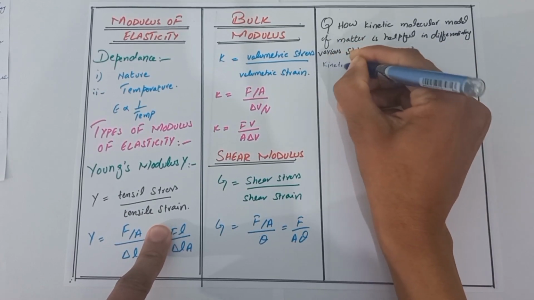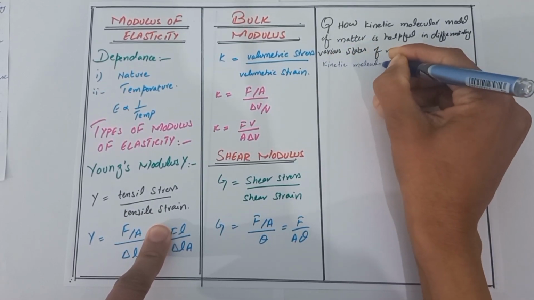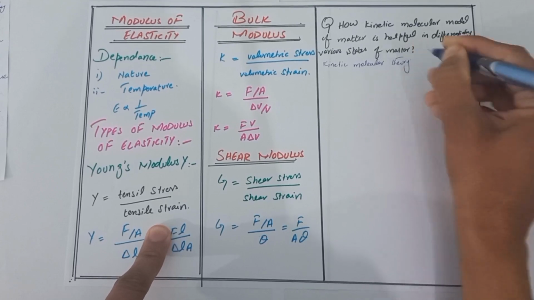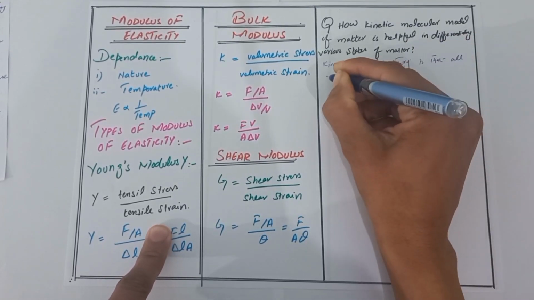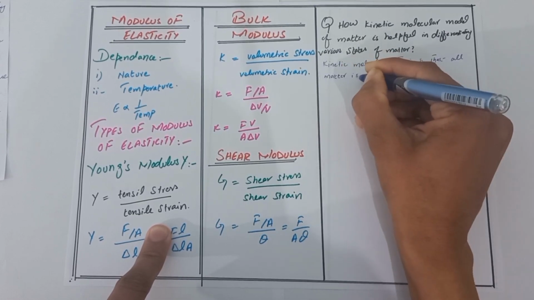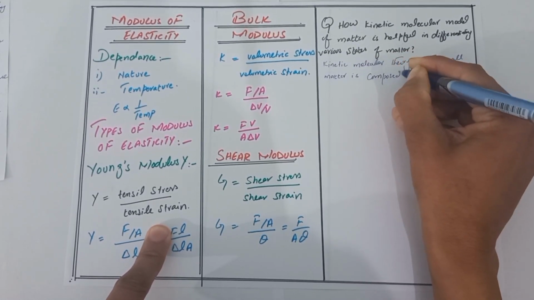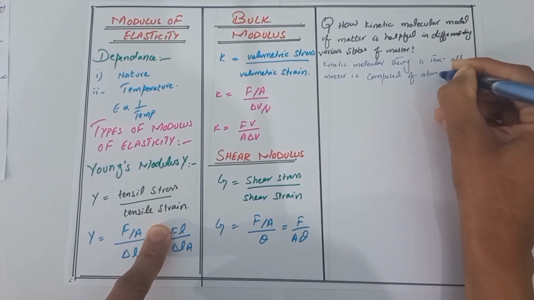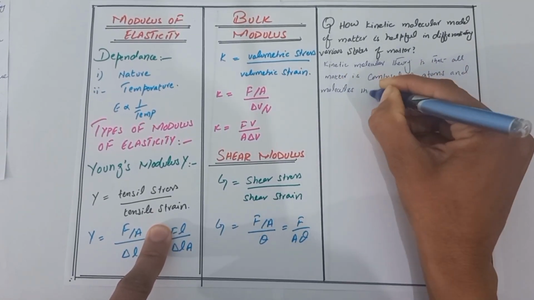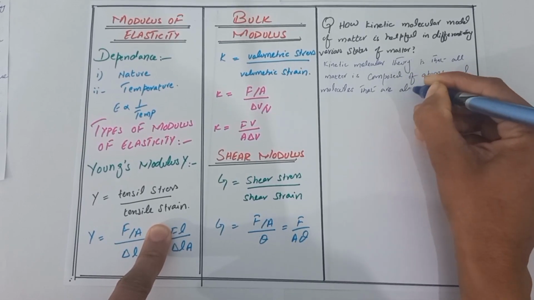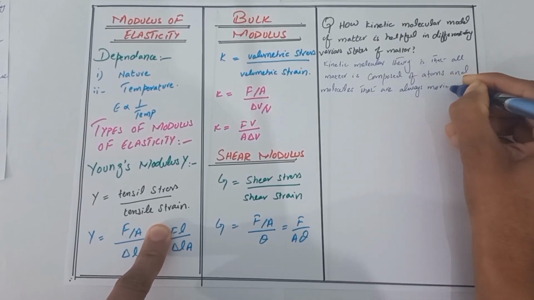Kinetic molecular theory is that all matter is composed of atoms and molecules that are always moving.